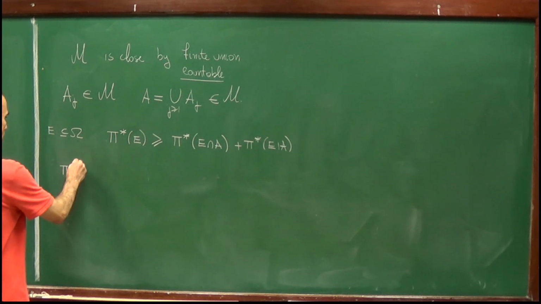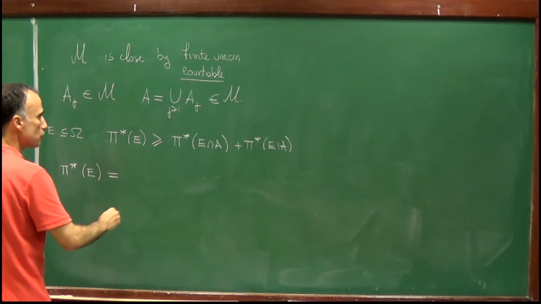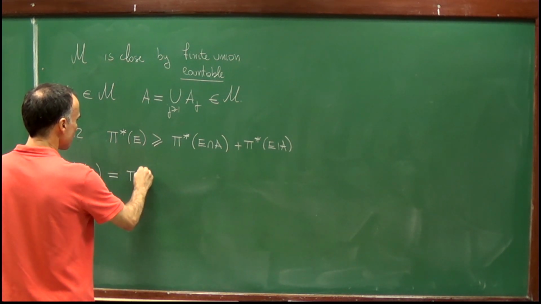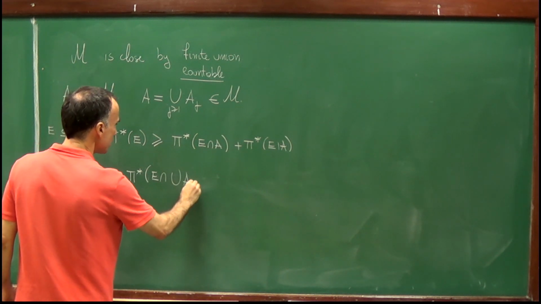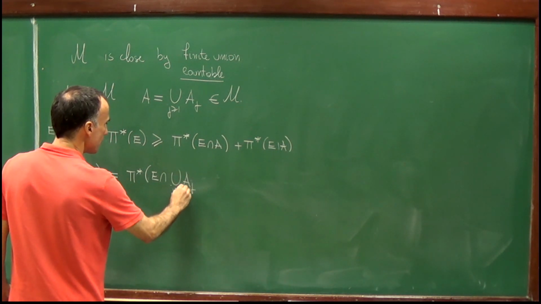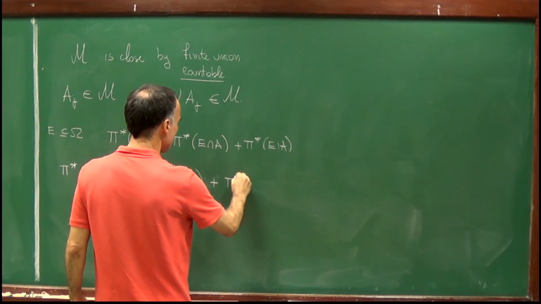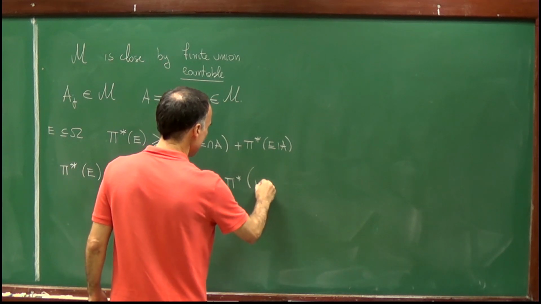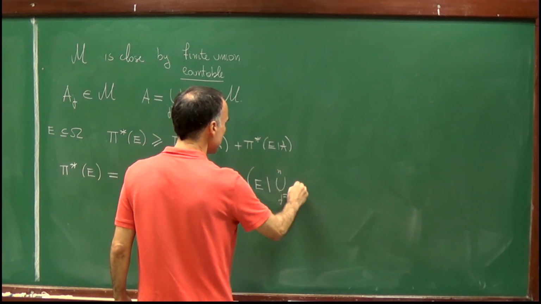So this set E is fixed. So we know that P star of E is equal to P star of E intersection the union of A_j, j from 1 to n, plus P star of E minus the union from j from 1 to n of A_j.